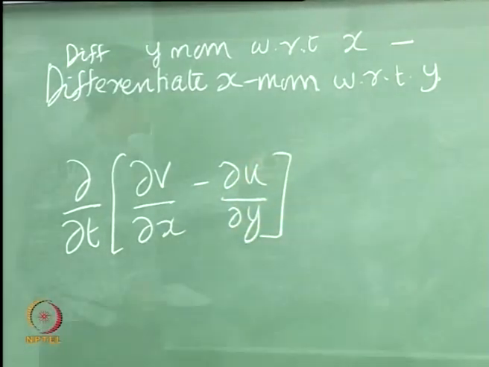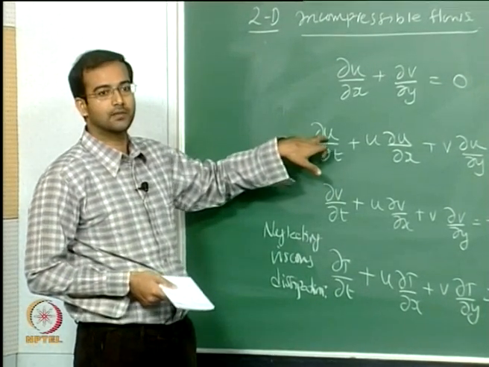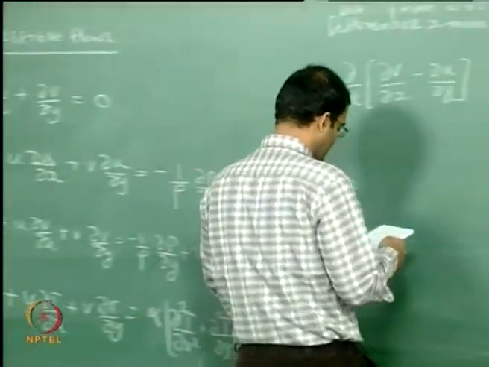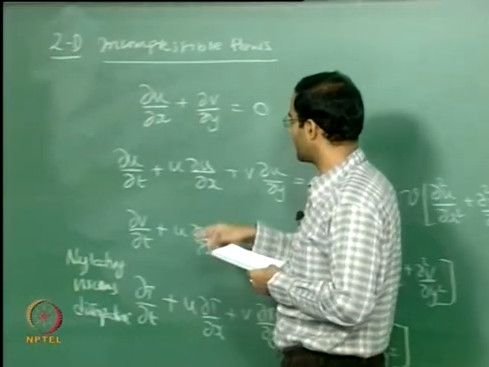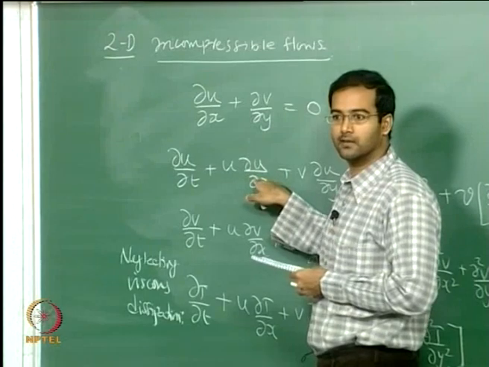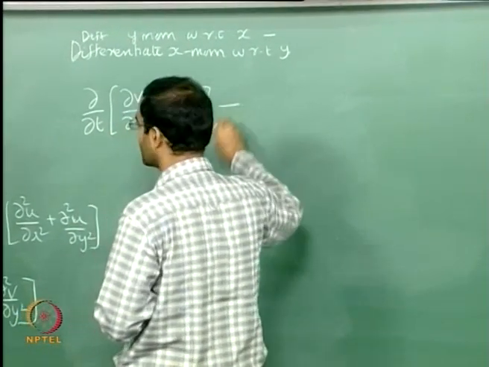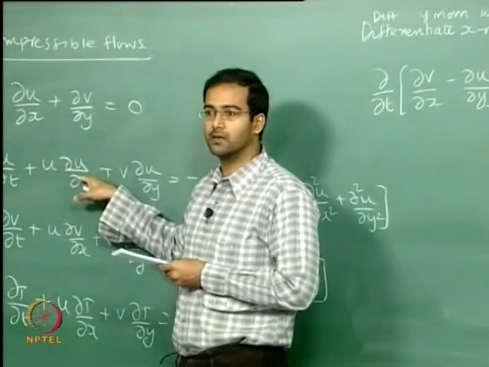Okay, so I am taking d by dt common, so I am differentiating with respect to x minus differentiating this with respect to y, alright. So the other terms, you get a lot of terms here, because now if I differentiate this with respect to y, I have to split it up again, right. So this will be minus, you have to tell me now, so this is d by dy of u du by dx.